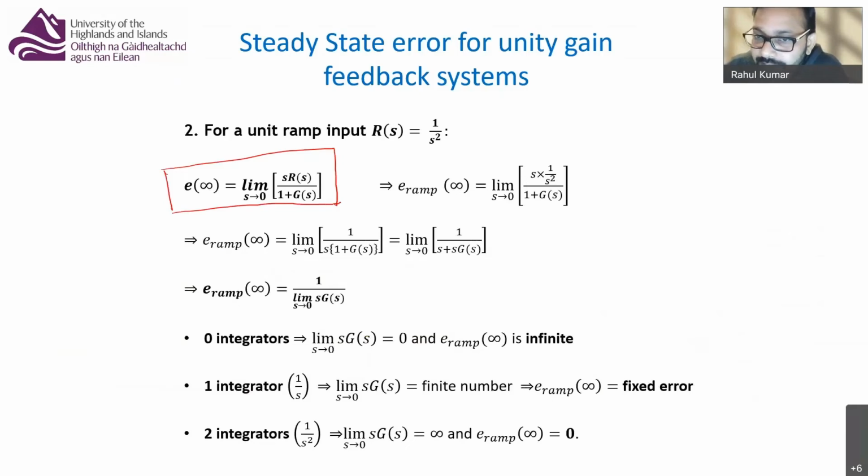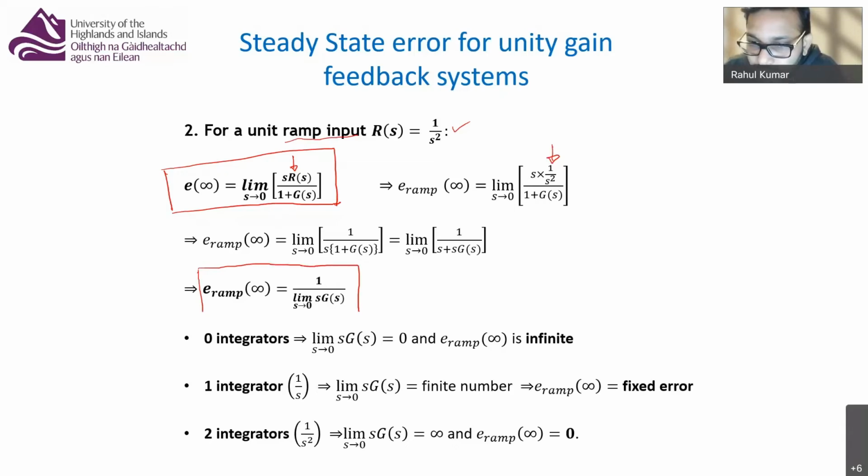Previously I replaced R of S with step input. Now I have ramp input. Ramp input in S domain is 1 divided by S square. So now I will replace R of S with 1 divided by S square. If you do a little bit of calculation, you would end up getting this formula.